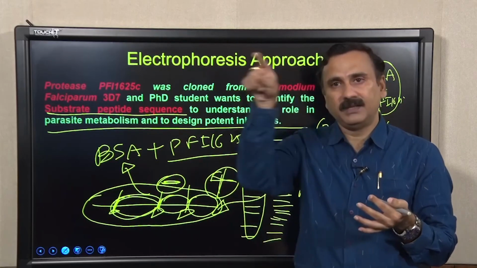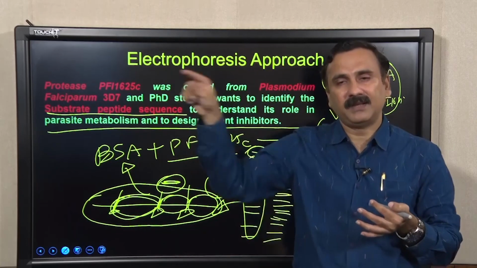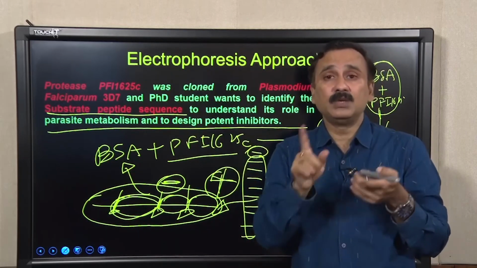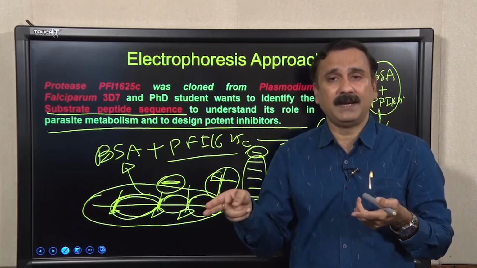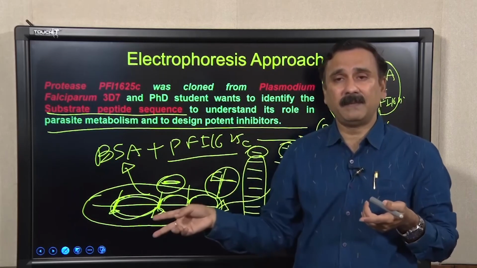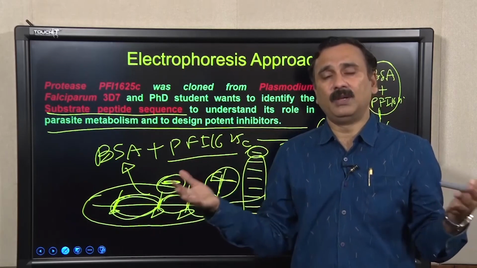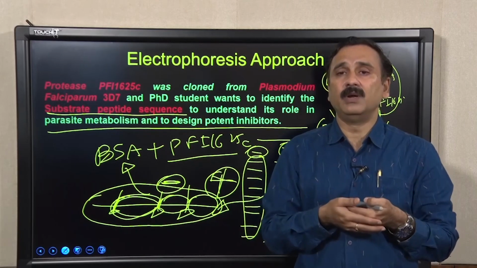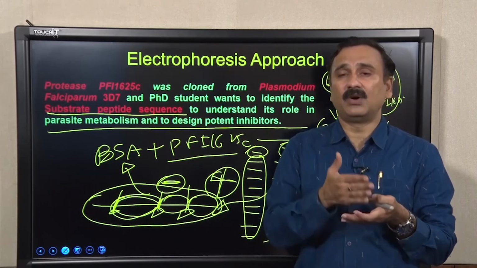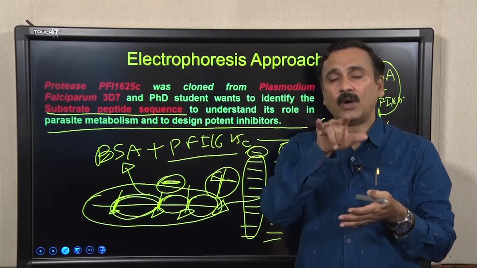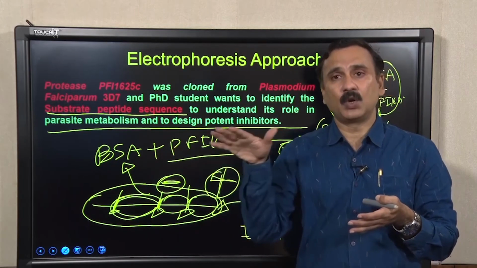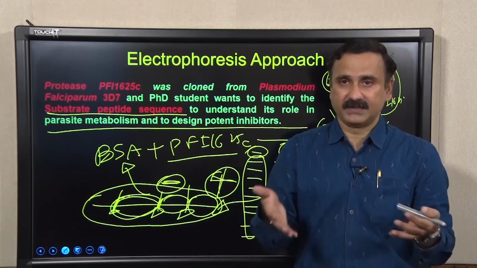You can say, this is the place I am getting, this is the place I am getting. If you do all that analysis, it tells you the preferences of this protease, or the site it requires to cut the proteins.